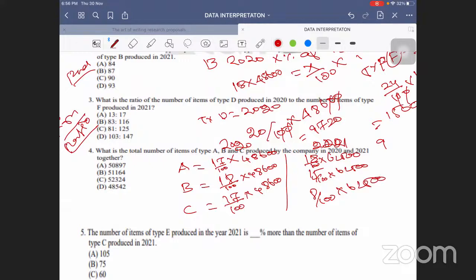We can simplify everything and get the answer, option A, 50,897. So the total number of items of type A, B, C produced by the company is 50,897.